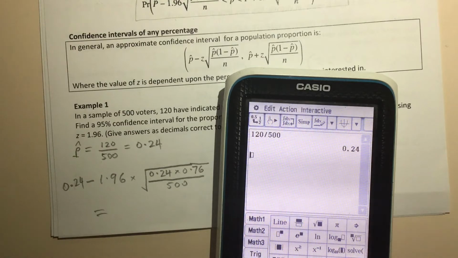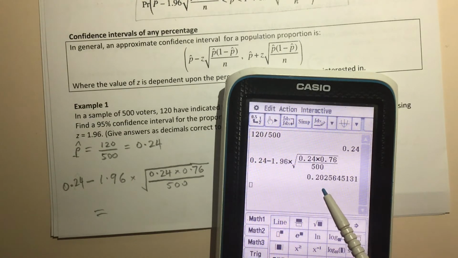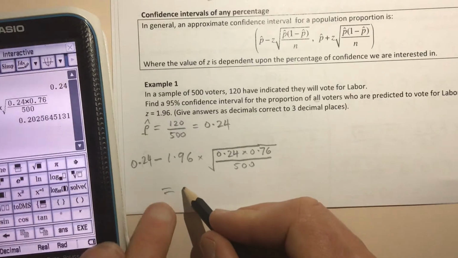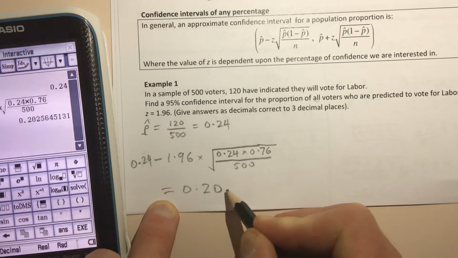We have 0.24 minus 1.96 times square root of 0.24 times 0.76 divided by 500. We get 0.20256. Now the question said to 3 decimal places, so we're going to write that as 0.203.